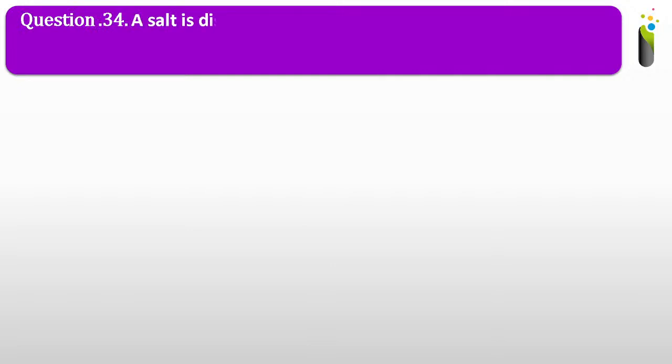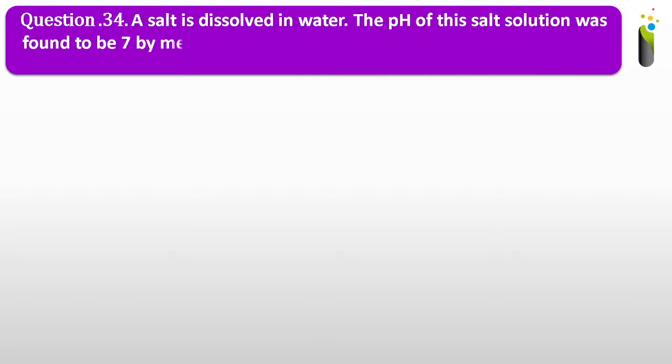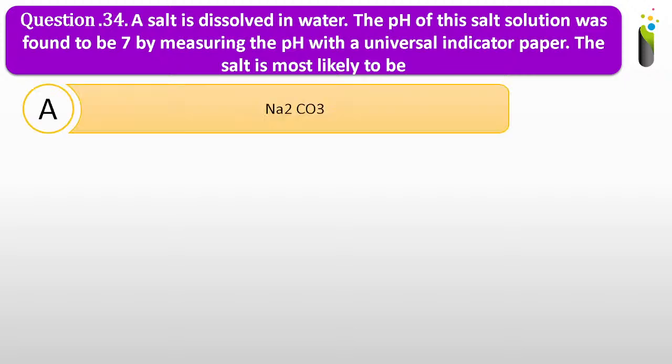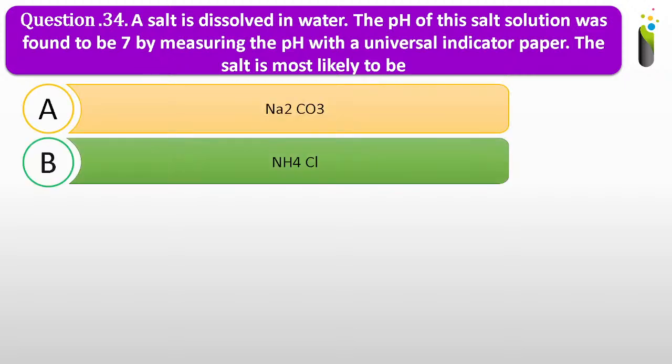Question number 34. A salt is dissolved in water. The pH of the salt solution was found to be 7 by measuring the pH with a universal indicator paper. The salt is most likely to be dash. A, is it Na2CO3? B, is it NH4Cl?